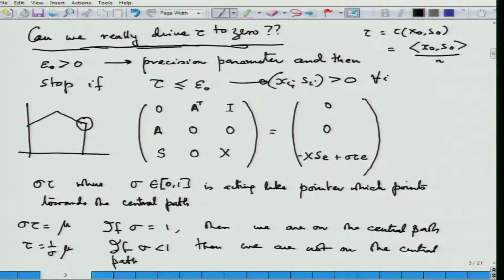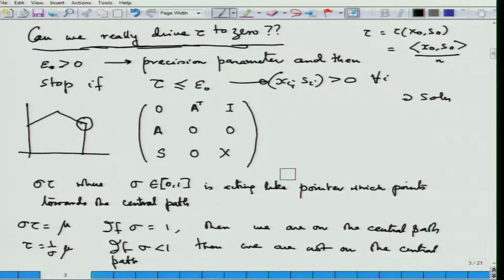So, whatever solution we have here of this system, suppose we write this as x sigma tau. Oh, there is a mistake here, I have forgotten the Newton step, I just have to rewrite this a bit.